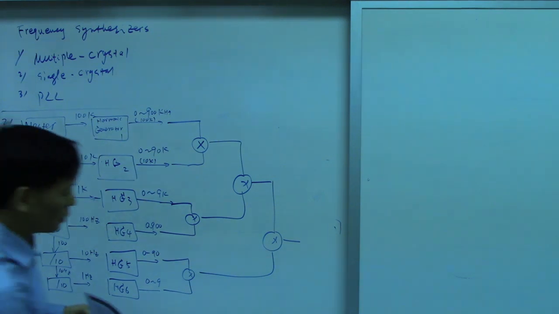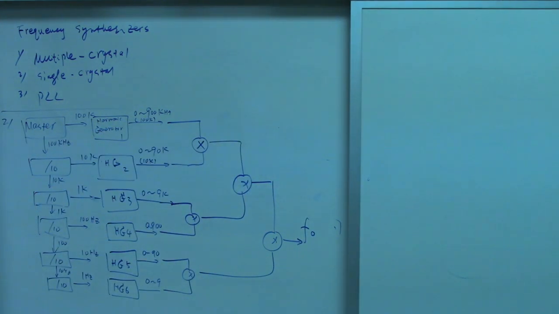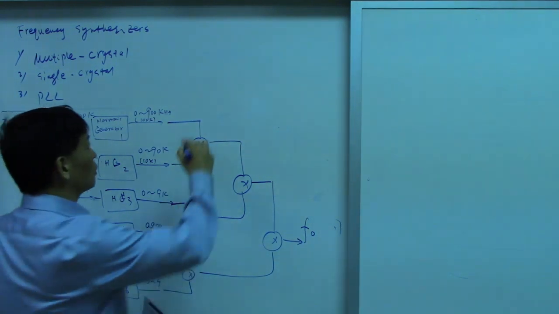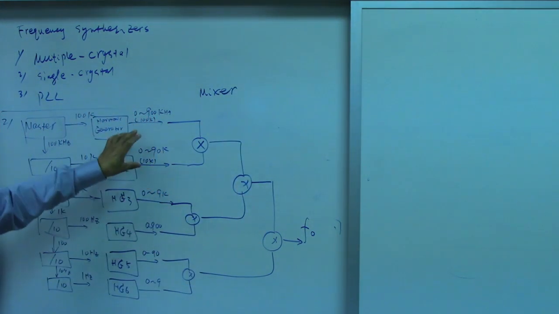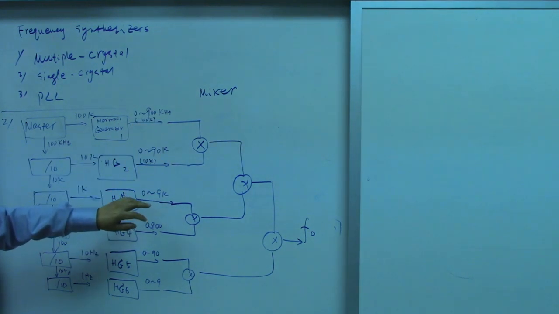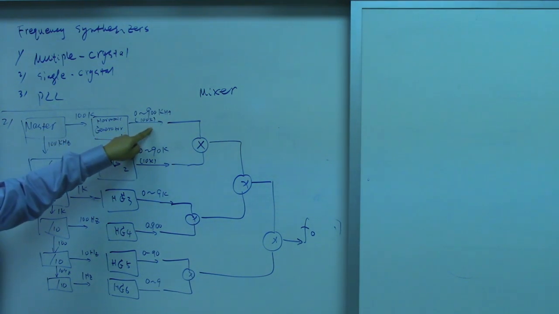Okay, this is the final output. Keep in mind, this multiplier, mixer, again we call it mixer here, gives us the sum or the difference of the input frequencies. Okay, now tell me what is the largest frequency we can generate here? 900 here, right?